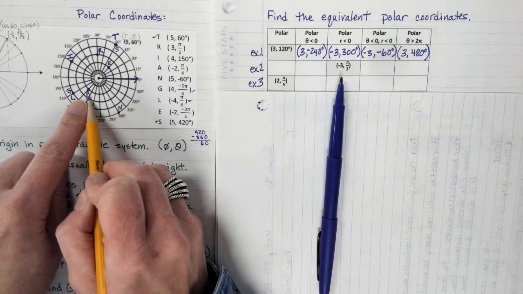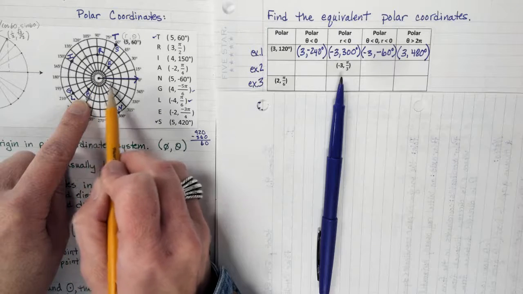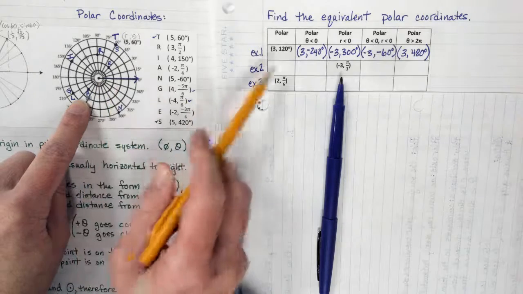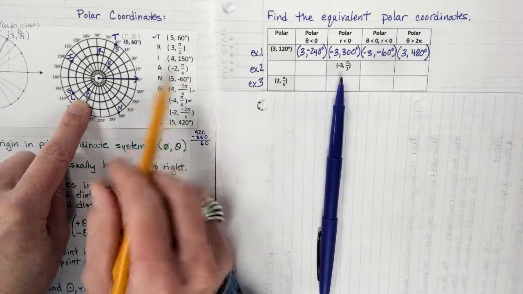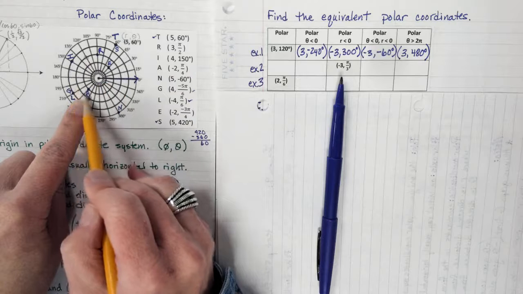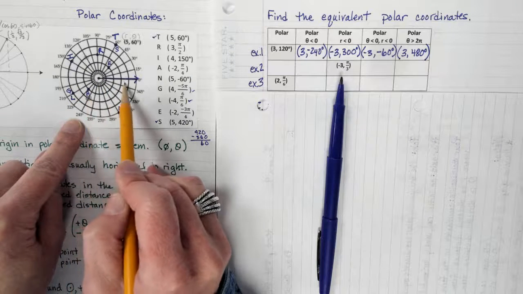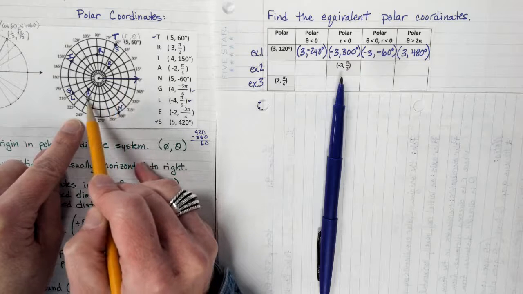So, for example, if I want to just keep this a +3 but have a negative theta, which is this point right here, then this would be a positive 240, so this would be a negative, and we have to stick in radians, don't we?